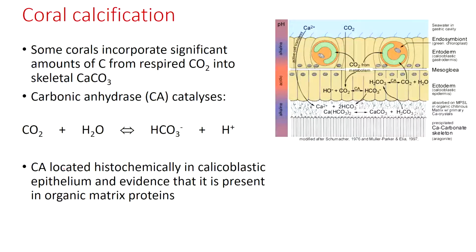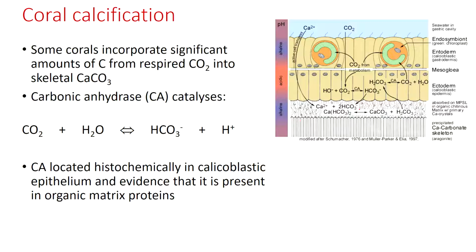I already mentioned that these processes are catalyzed largely by enzymes within the coral animal, and these can modify the chemical composition. They can modify how much calcium goes into the calcium carbonate and how much other elements go in.